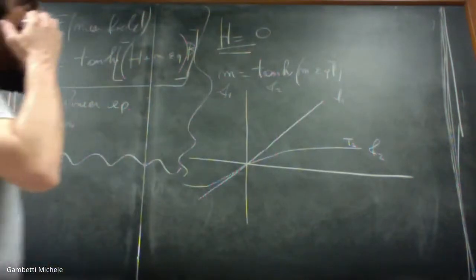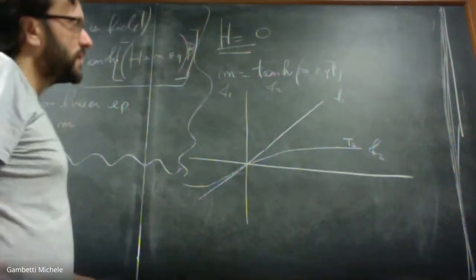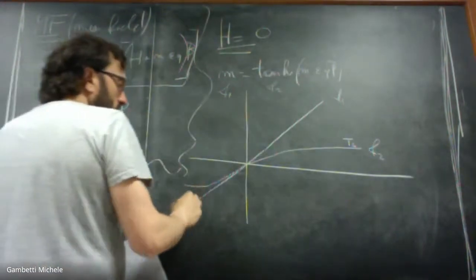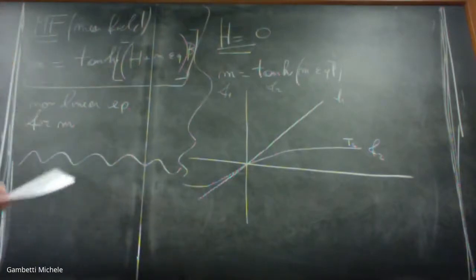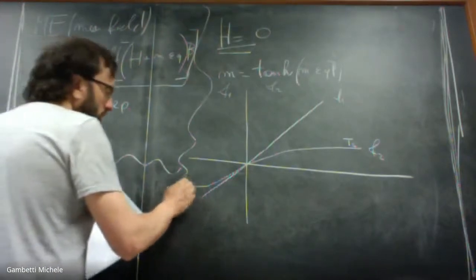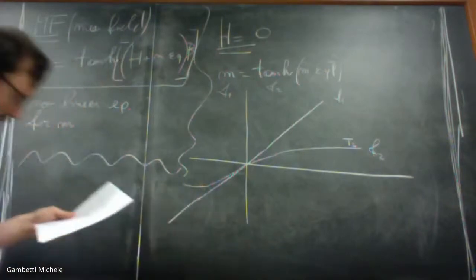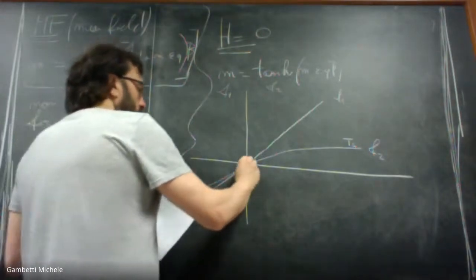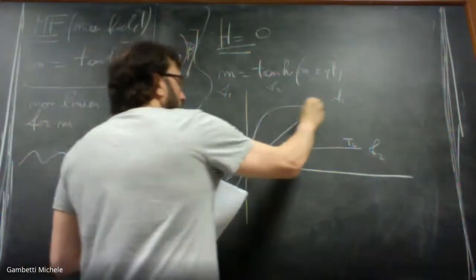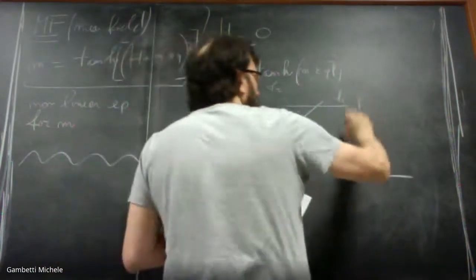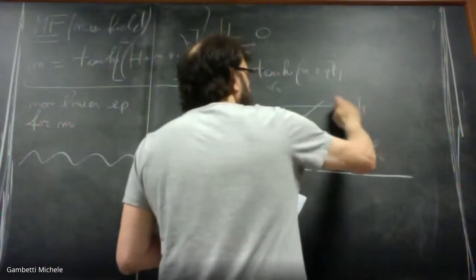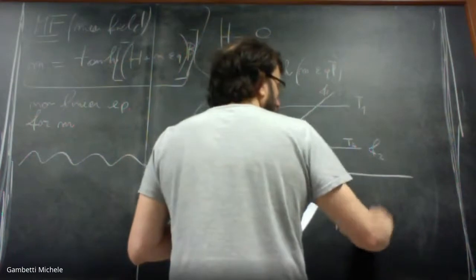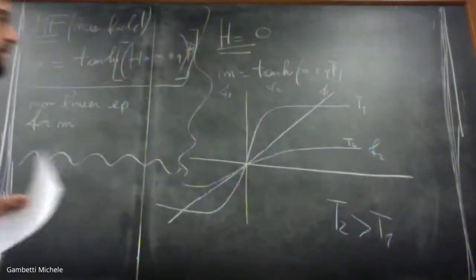Whereas in the opposite case, when T is small, beta is large, and then my hyperbolic tangent starts to have a different behavior. Let me try to do a plot which is reasonable, so that we can reasonably understand what's going on. So something like that. Okay, so this is for T1, this is F1, and let's consider the case that T2 is larger than T1.